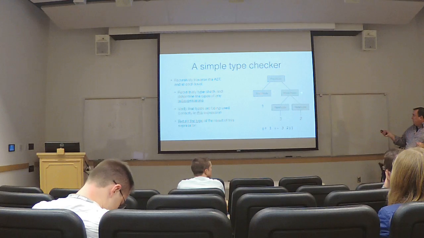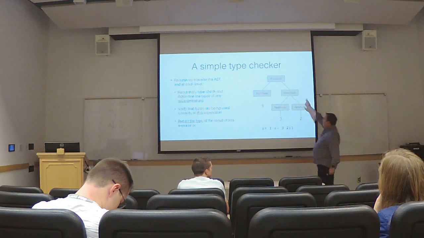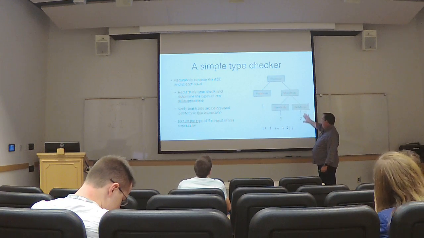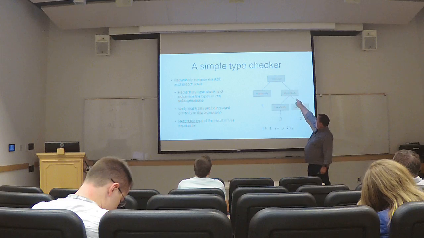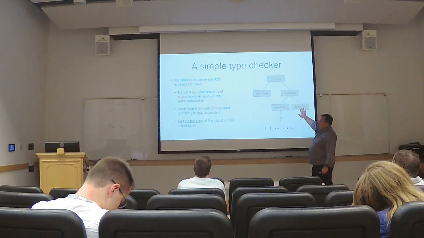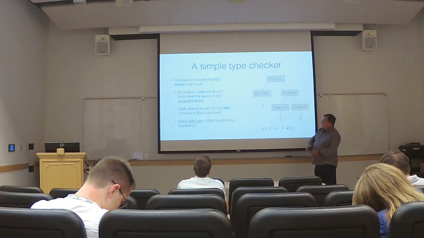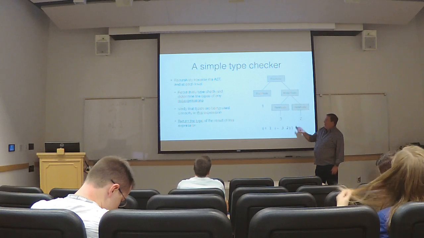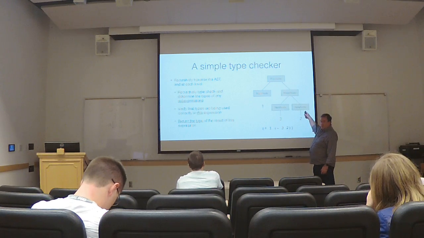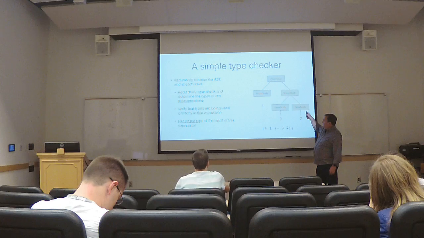Also recurse on this branch, that's a minus node, and it has subtrees. So I'm going to have to recurse on this one, that's a number. This one, that's a number. Number minus number is a valid operation, so we've determined the types of the child sub-expressions.